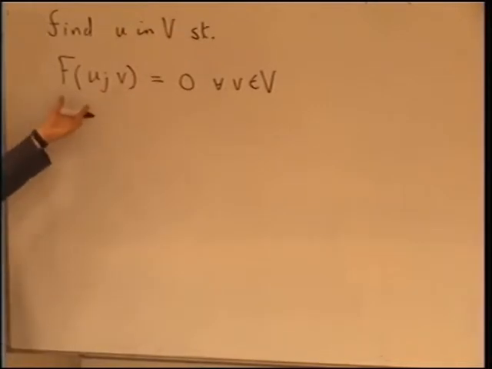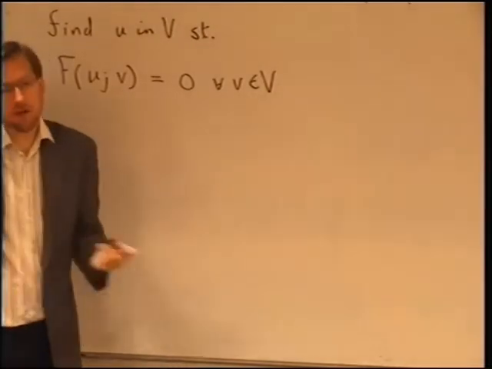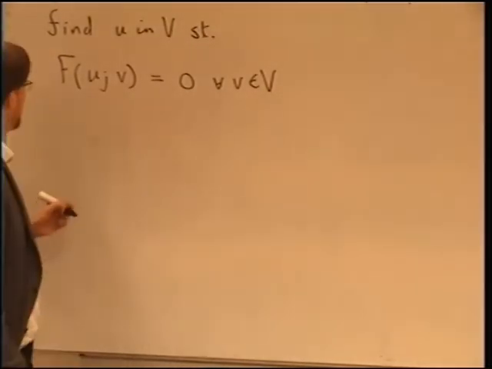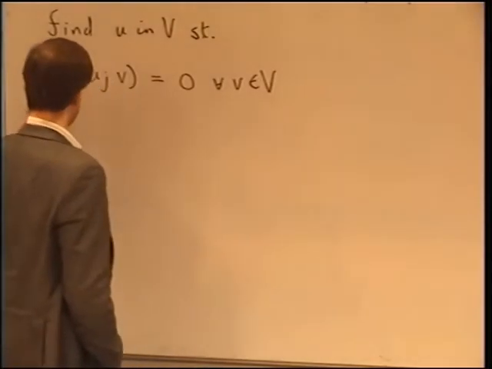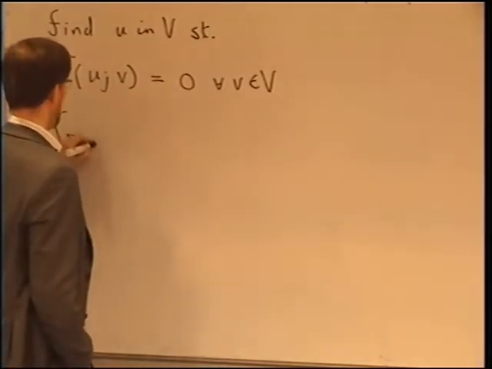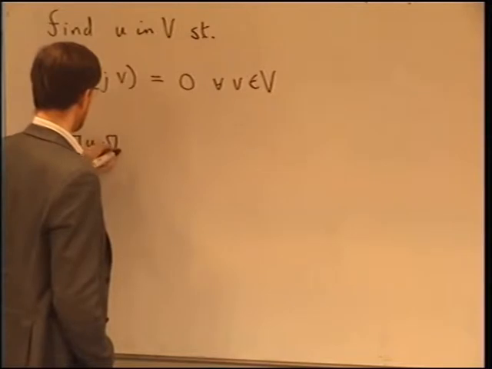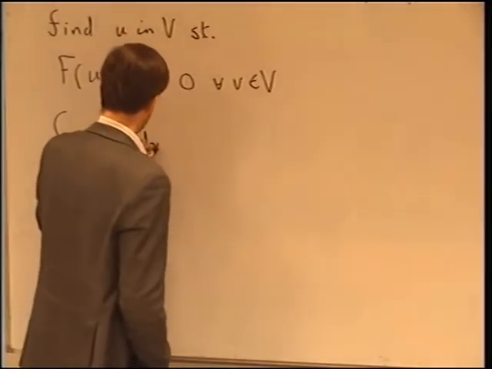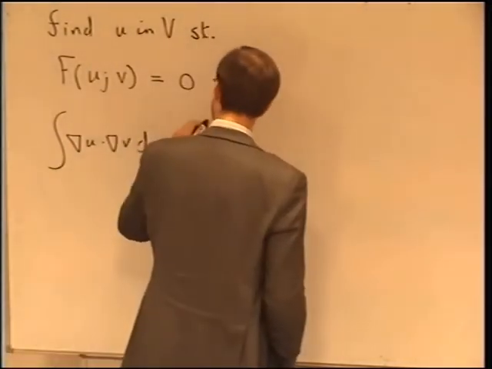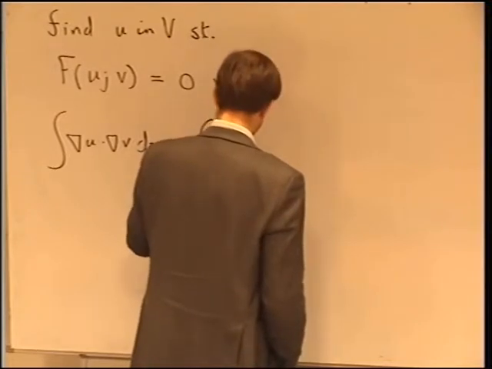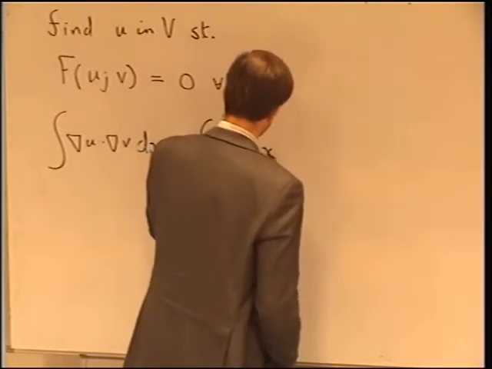And the way that we got this form from our original linear problem was we said, okay, so our original linear problem was the integral of grad u dot grad v dx equals the integral of some known function f times v dx.